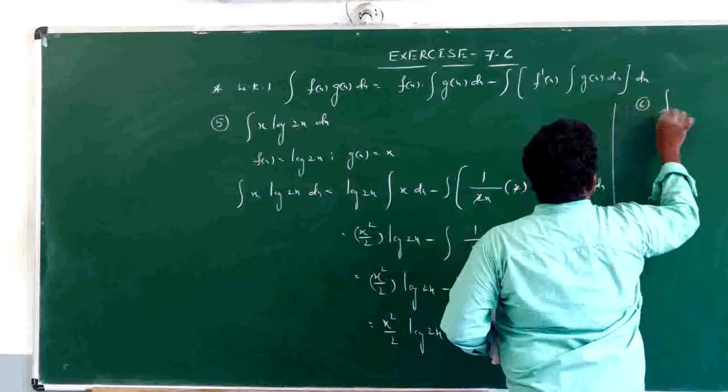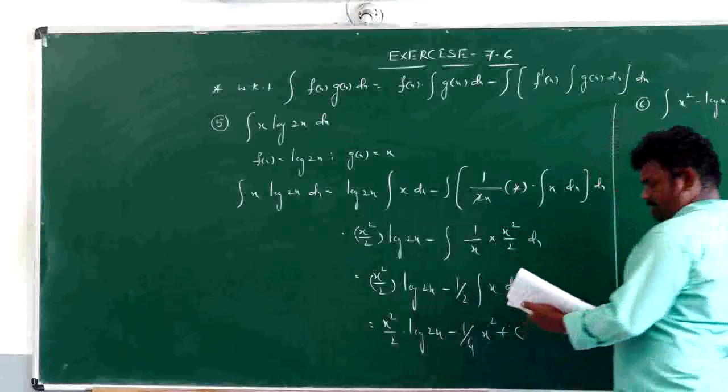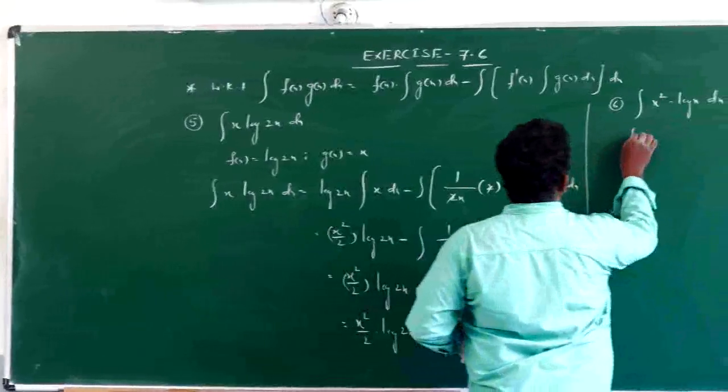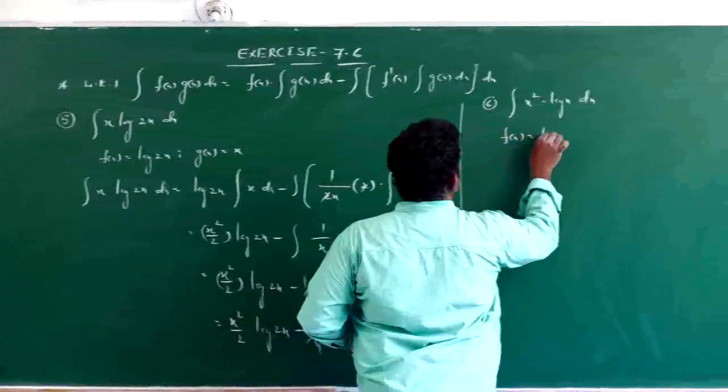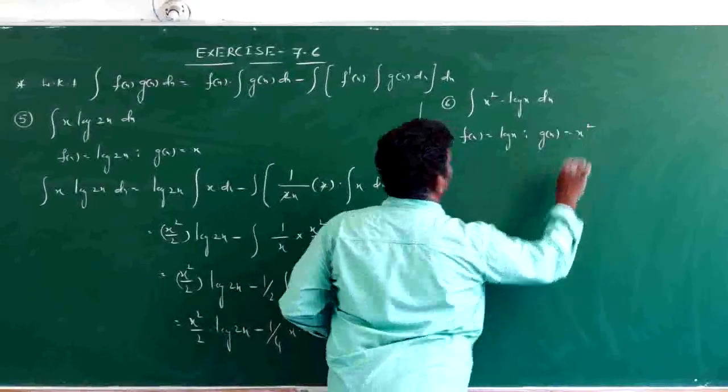Integral x square into log x dx, the same model as this one. Here also the first function is log x and the second function is x square. So f of x is equal to log x, and g of x is equal to x square.